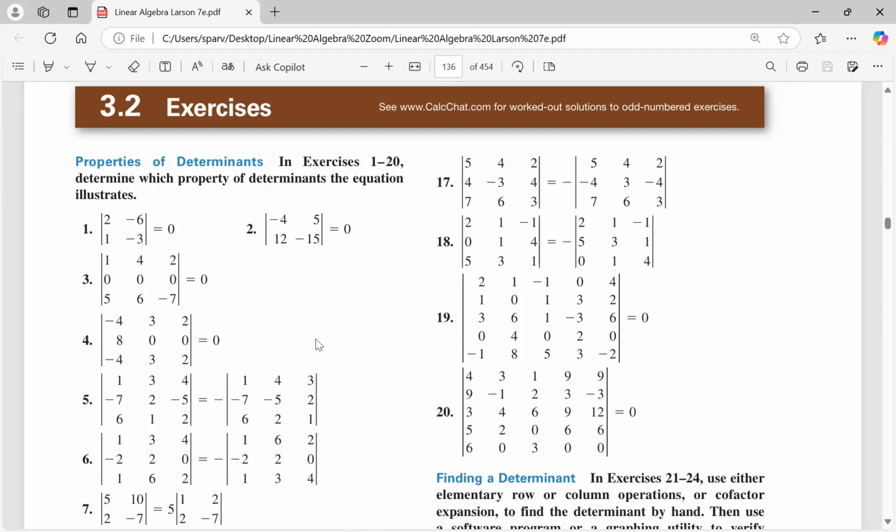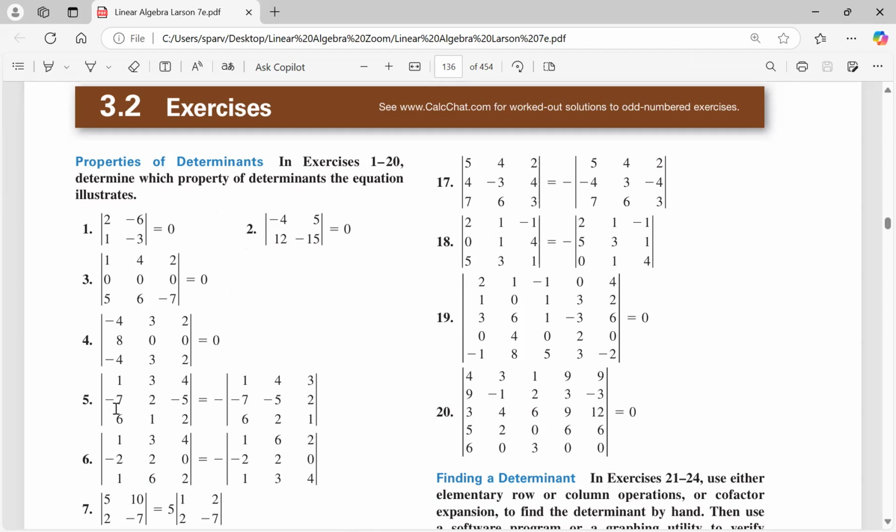Let's take a look at the early exercises. It says determine which property of determinants the equation illustrates. Let's say number 5, for example.